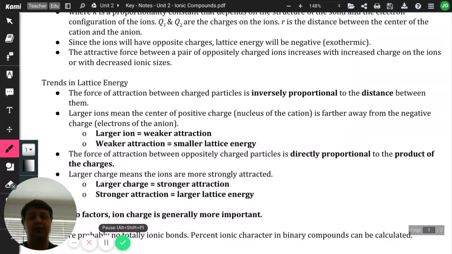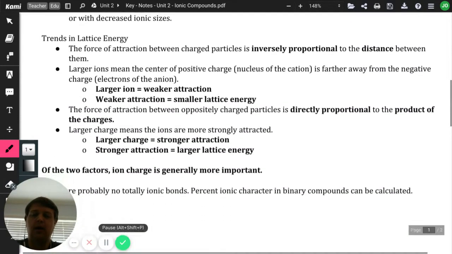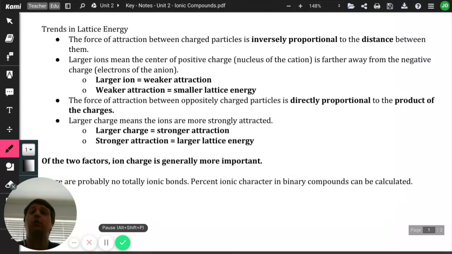The weaker the attraction, the smaller the lattice energy. So your attraction is equal to your lattice energy. If you've got a high attraction, you've got a high lattice energy. If you've got a low attraction, you've got a low lattice energy. And then again, your charges are going to be directly proportional. So the higher the charges, the higher your lattice energy. Larger charge, larger attraction. Stronger attraction means larger lattice energy.